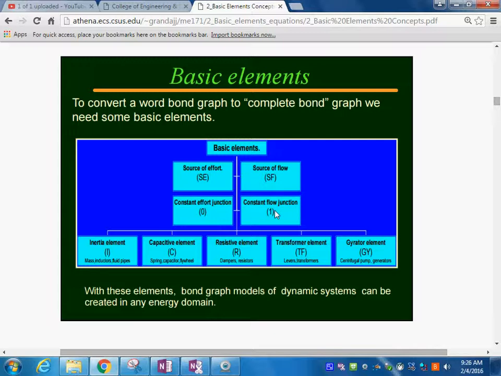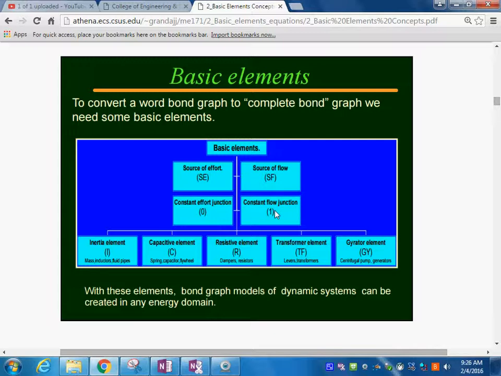It's amazing that with 9 elements, the ones laid out on the board, you can model just about anything under the sun. So let's go little by little here.